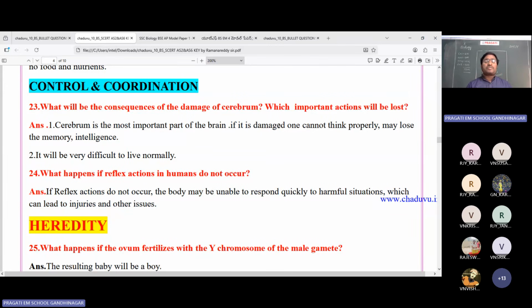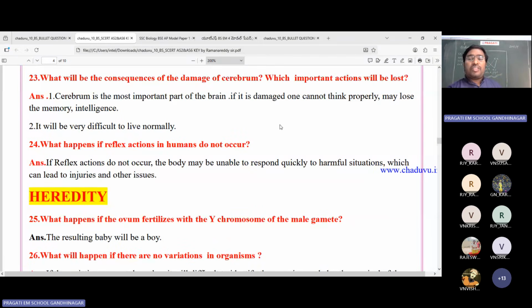What will be the consequences of damage to the cerebrum? See, the cerebrum is the most important part of the brain, as we know. So if it is damaged, one cannot think properly, may lose memory and intelligence. It will be very difficult to live normally.